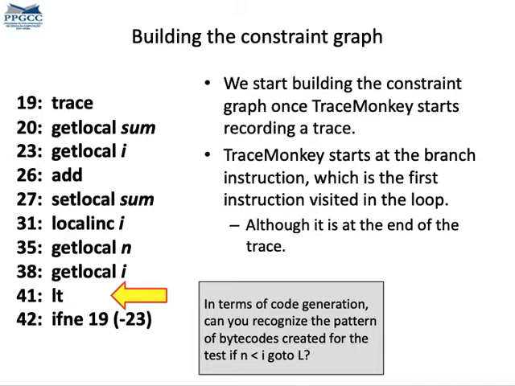Given the way a trace compiler works, we usually start generating the graph from the end of the trace because that's when the trace compiler really starts translating the instructions marked in the trace to binary.